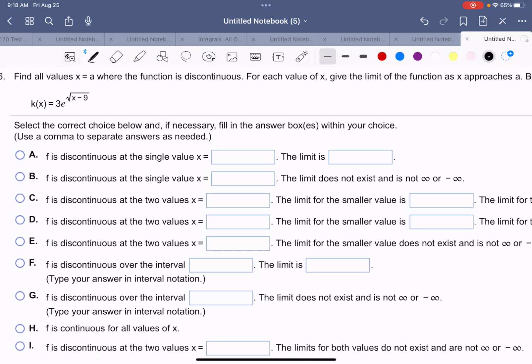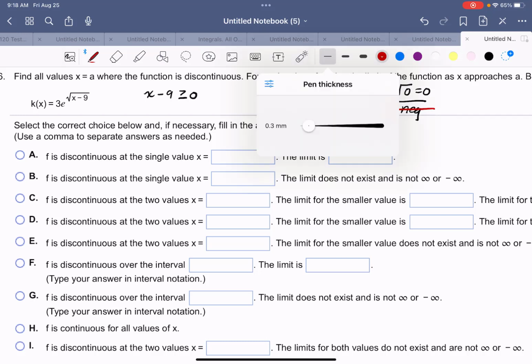So for any square root function, we have to take the radicand, that's the expression inside, and say that it's greater than or equal to 0. It's equal to 0 because you can take the square root of 0. The square root of 0 is simply 0. You just can't take the square root of a negative. That's the one that gets us in trouble.